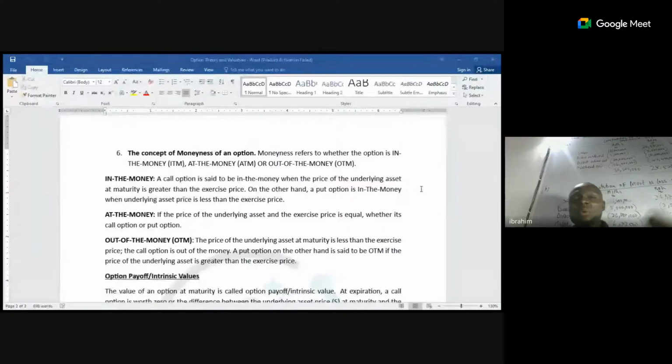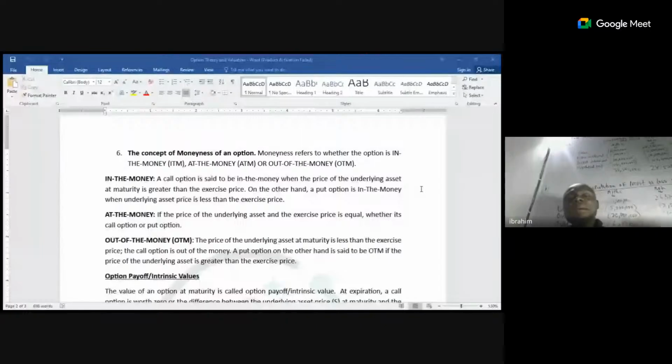You've already said you will buy it at 50 naira. Then in December, the underlying asset becomes 20 naira. Mr. Peter is out of the money, because you can decide to exercise your rights to buy or opt out of the option market. However, you will still pay what we call option premium, whether you opt out of the option or you exercise your rights. That is out of the money.